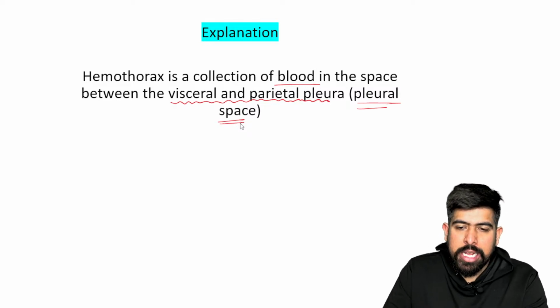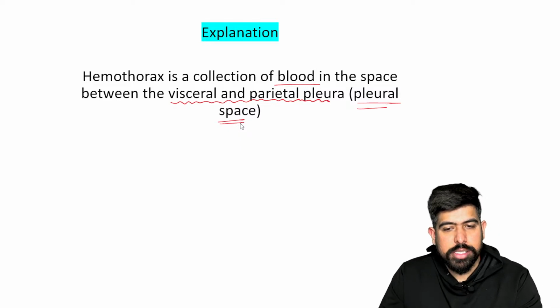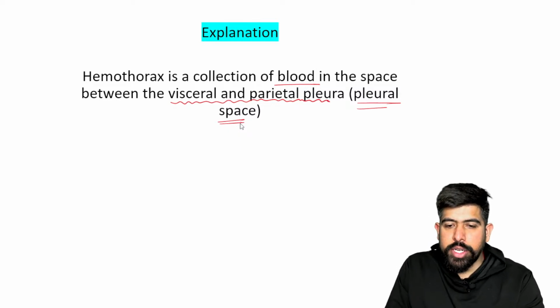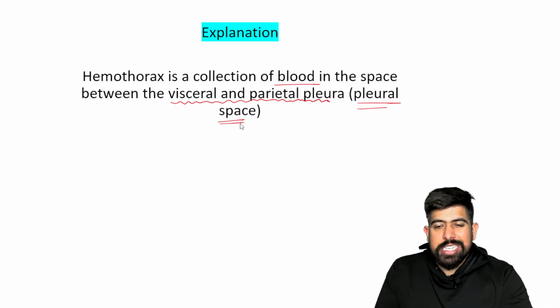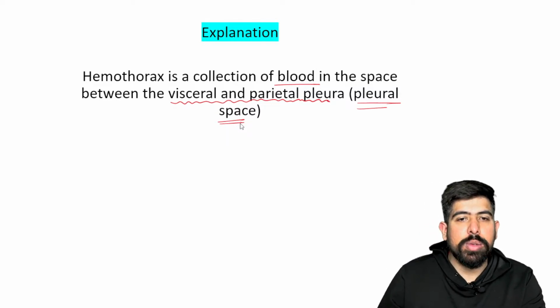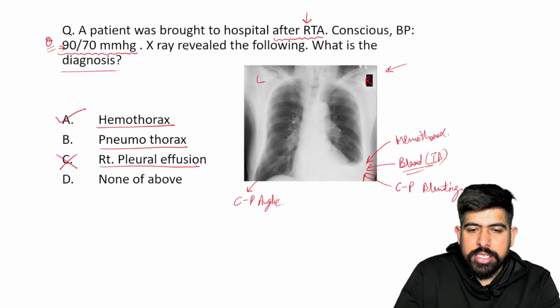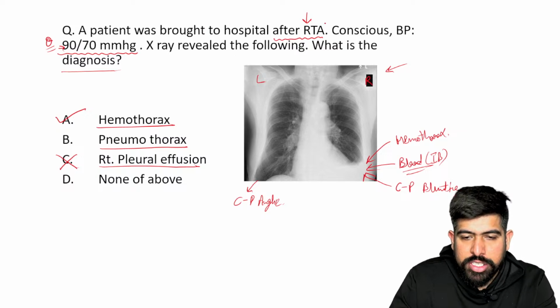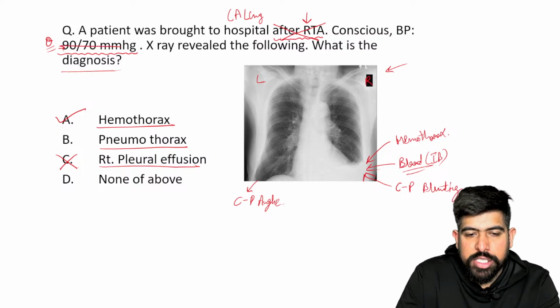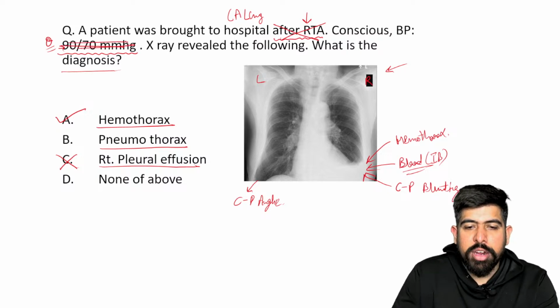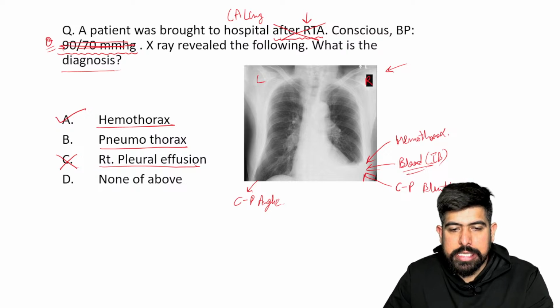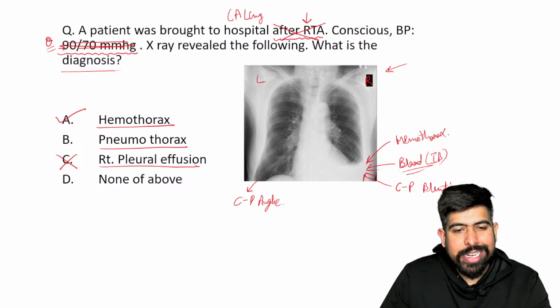Now listen to this part, I'm giving you the same question also. If RTA is not given to you, and they mention some lung pathology, maybe CA lung, cancer of the lung, and the blood pressure is also not mentioned, what should your answer be?